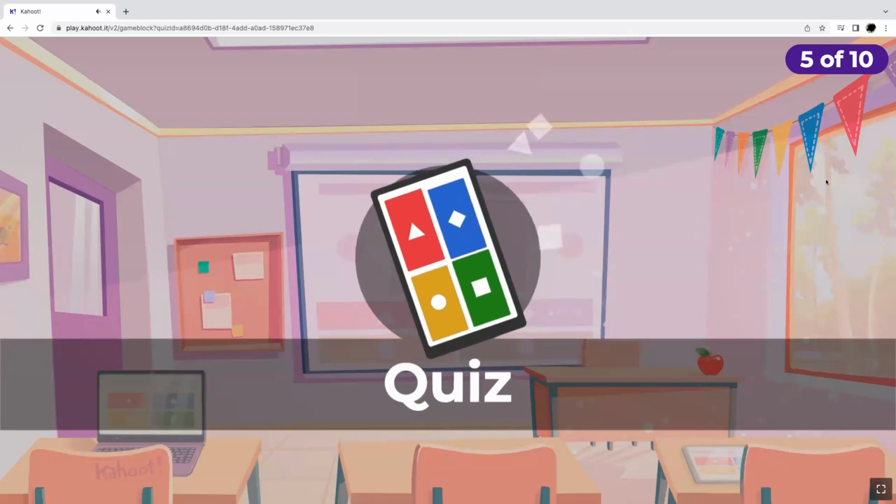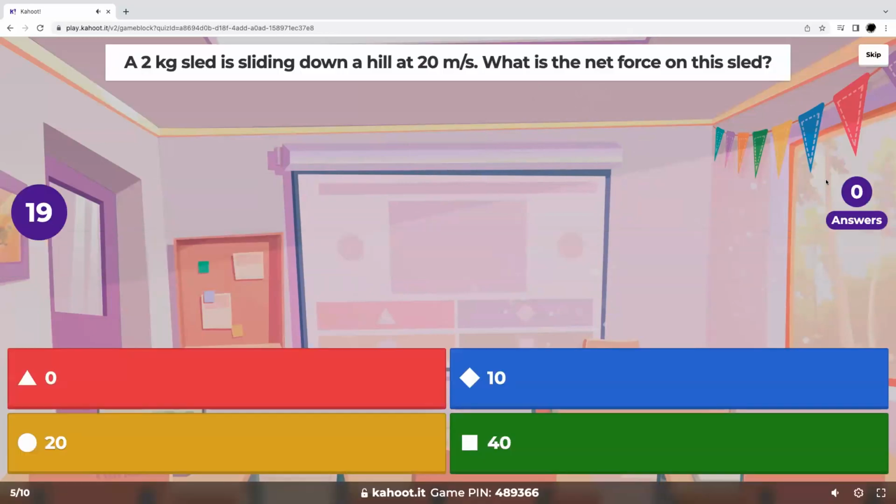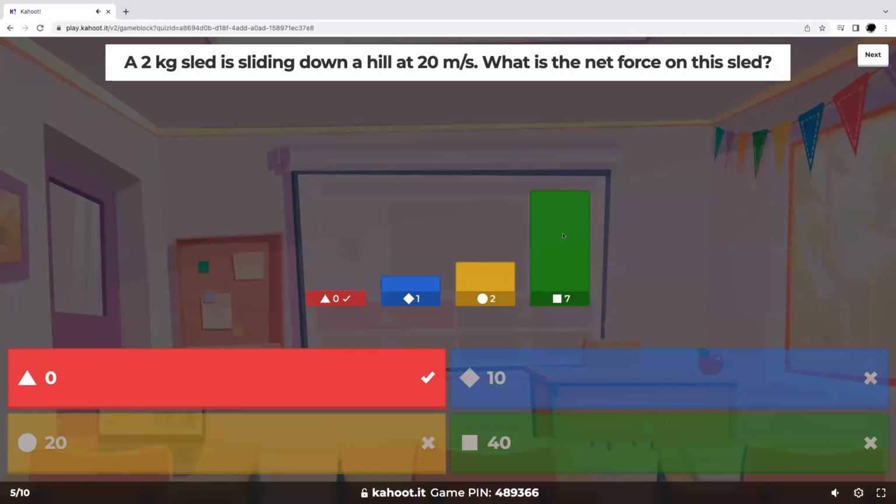Great. Top 5 looking a little different. Going back to some more Newton's law questions. Remember, force is mass times acceleration.